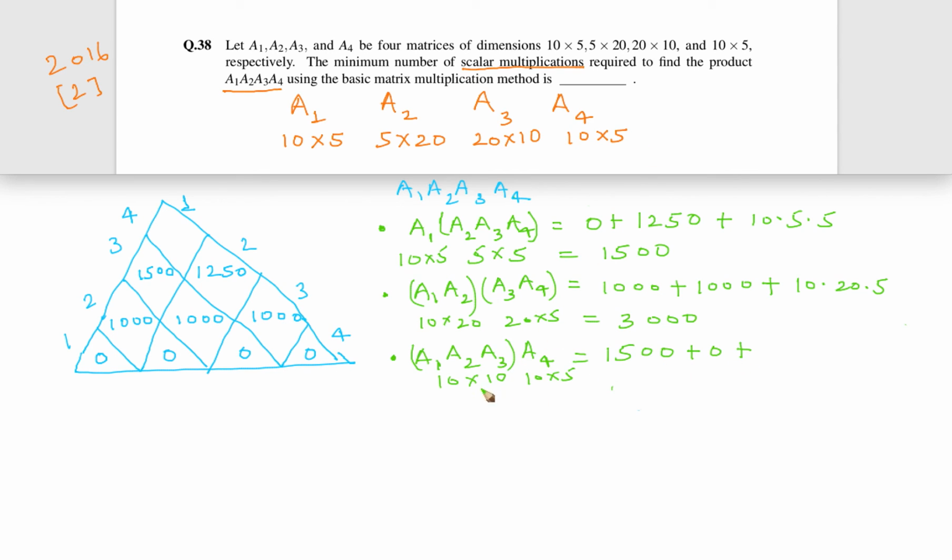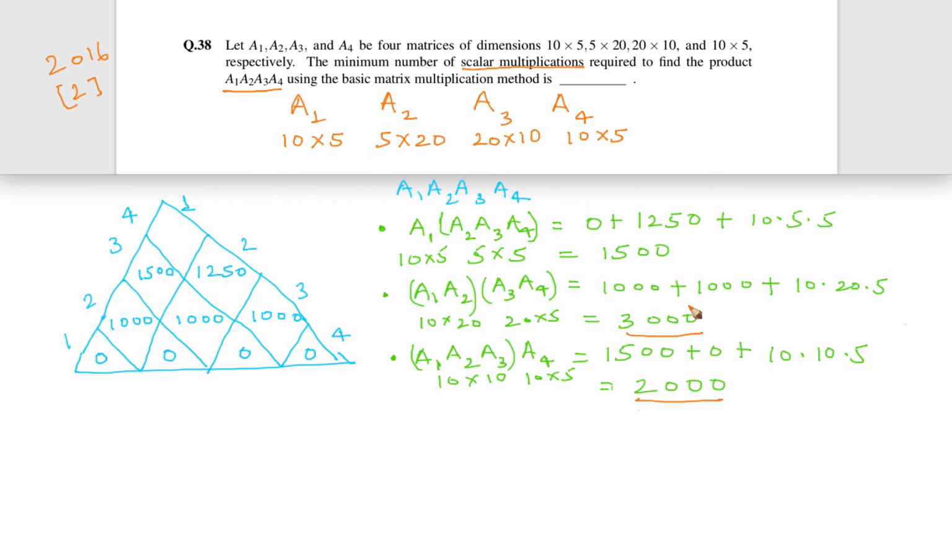So the number of scalar multiplications for this resultant matrix to multiply with A4 is 10 into 10 into 5, which is 500, plus 1500, which is going to be 2000.